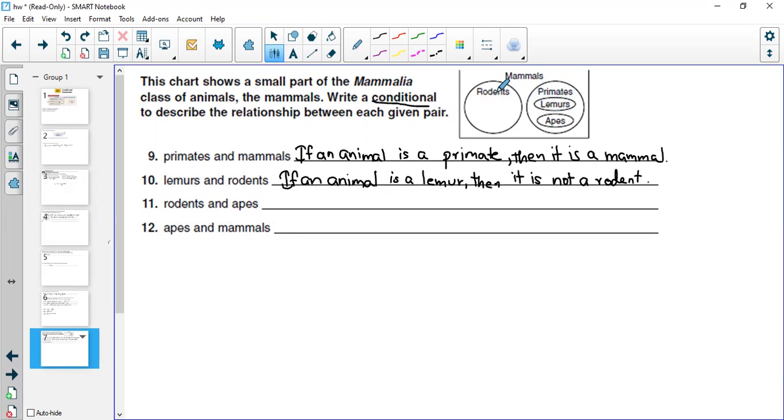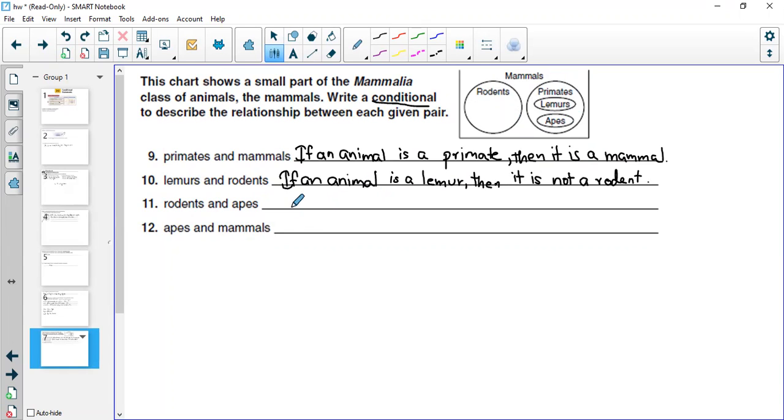Rodents and apes. Now they're telling you to describe the connection between rodents and apes. Again, you can see they're in two different circles, which means rodents cannot be primates, and so they're not apes either. So how are you going to write the conditional statement for this?